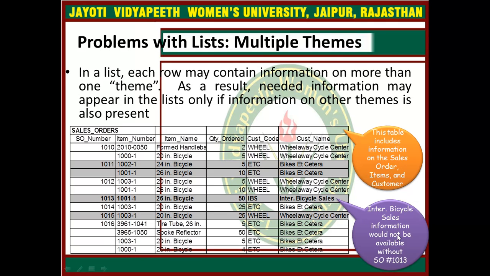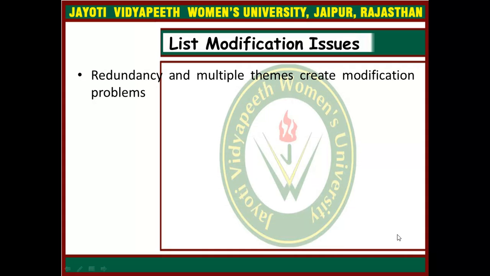Okay. Now next is the list modification issues. In this, redundancies and multiple themes create modification problems, right? Means deletion problems. So in this, if we delete SO #1013, we lose our customer ID, IBS.